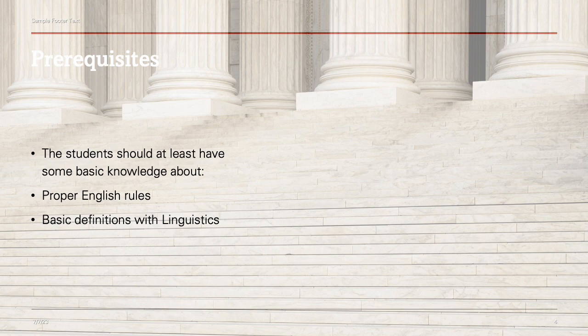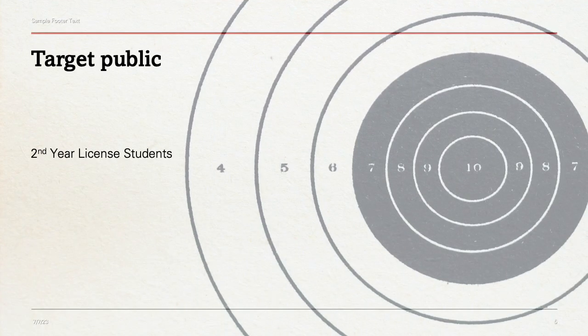It would also be great if students knew some of the basic definitions related to this field as well. As I said earlier, this course is destined for second year license.